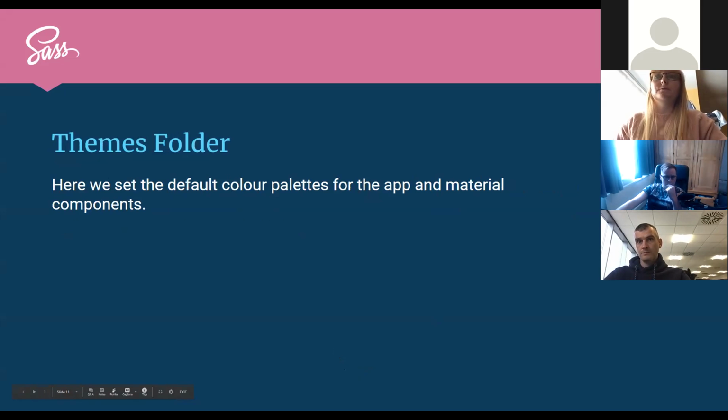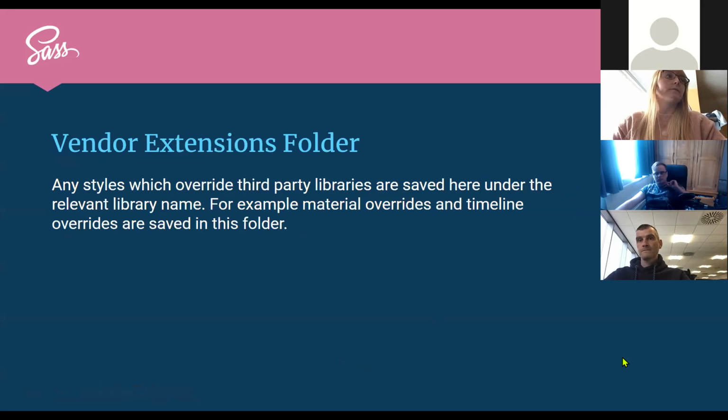The themes folder is where the default color palettes are for the app and material components, so that's where you'll set the primary and the accent color. Vendor extensions is probably the most used one. This is where we override third-party libraries. The main one you'll probably be in and out of is the material components override.